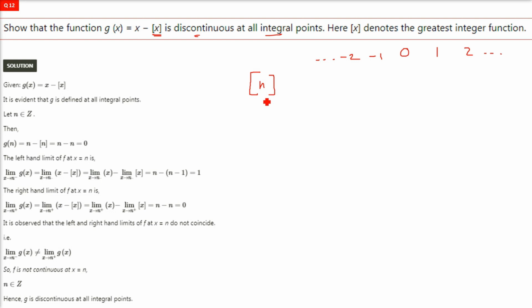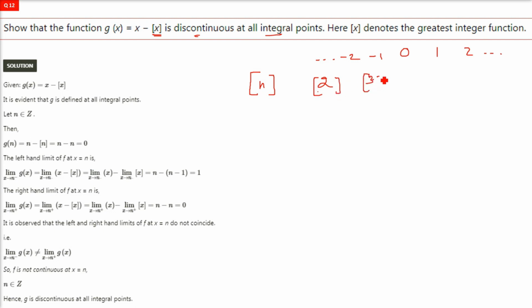Now for the greatest integer function, let me explain it with an example, which will be better. You take 2 and 3, these are two integers, and there will be actually infinite values inside.